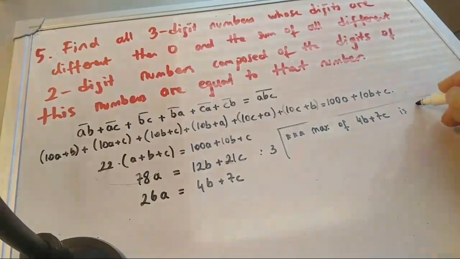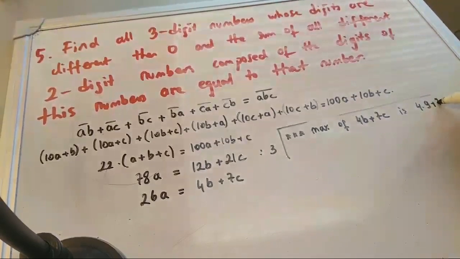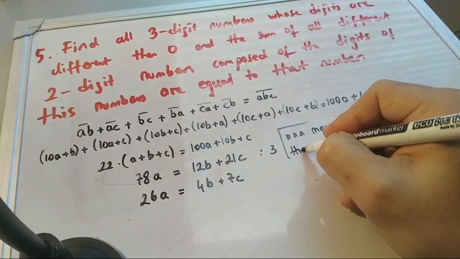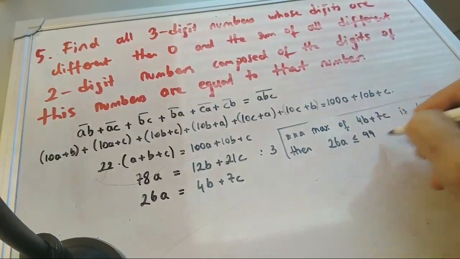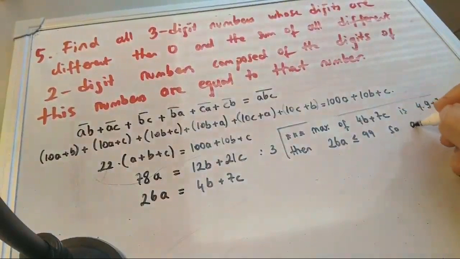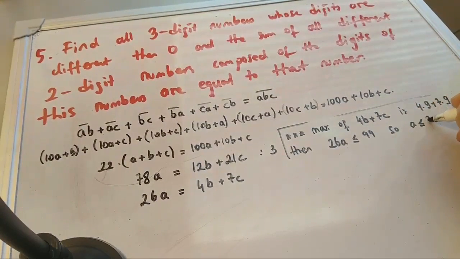What is it? 9. 4 times 9 plus 7 times 9, which is 99. Then 26A is less than or equal to 99. So A must be less than or equal to 3. We got it. It's important. A must be less than or equal to 3. So 3 possibilities. We have to find each case.